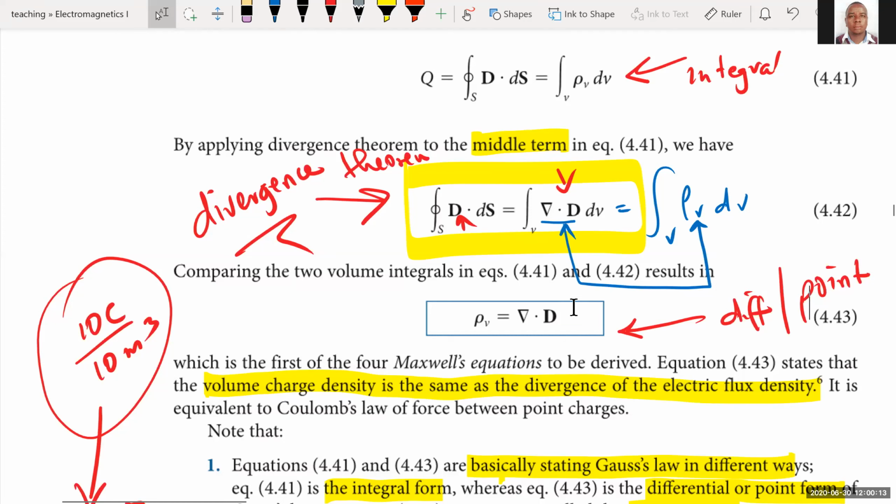And then equation 4.3 describes the divergence of D as equivalent to the volume charge density.